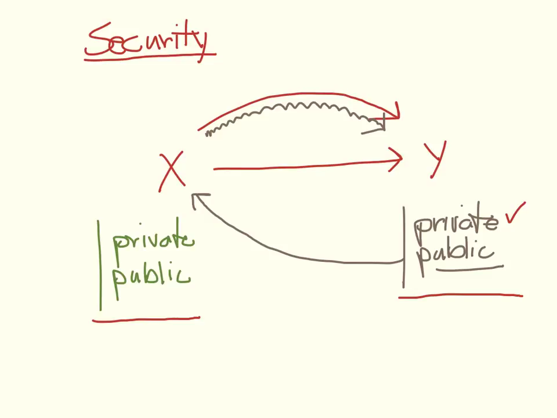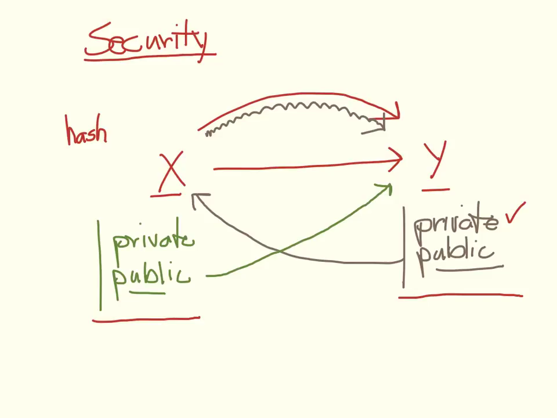Now if Y wants to make sure the data came from X, okay, what X could do, X could take its public key and share it with Y. Okay, so now Y has X's public key. Then X could, actually it's kind of a funny process how they might do it. X could hash the data that's going across.